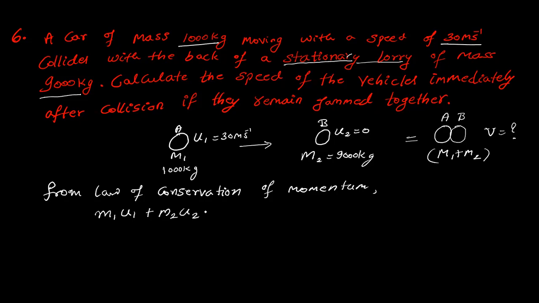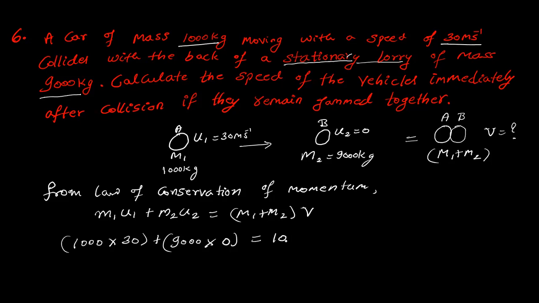The total momentum before collision is equal to the total momentum after collision, m1 plus m2 into v. m1 is 1000, u1 is 30, m2 is 9000, u2 is just 0. m1 plus m2, 1000 plus 9000, totally becomes 10,000, into v.